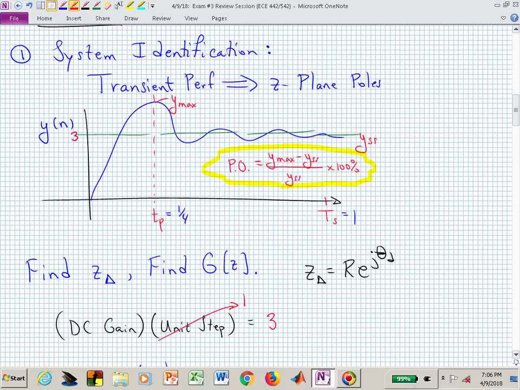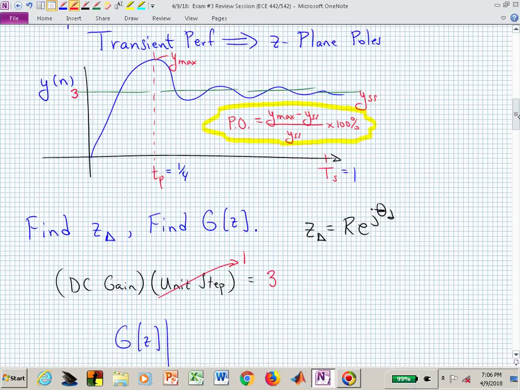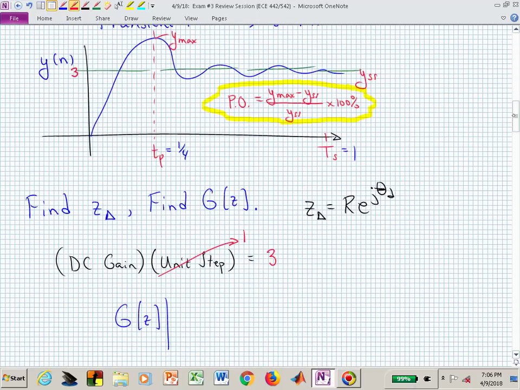And now we can say that G of Z, the transfer function evaluated where, equals what? So now to find the DC gain, we need to evaluate the transfer function at Z equal to 1.